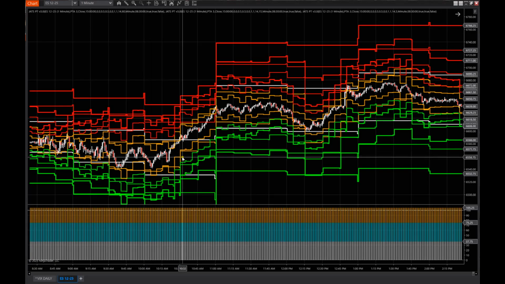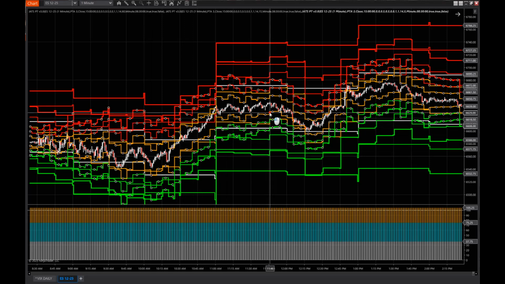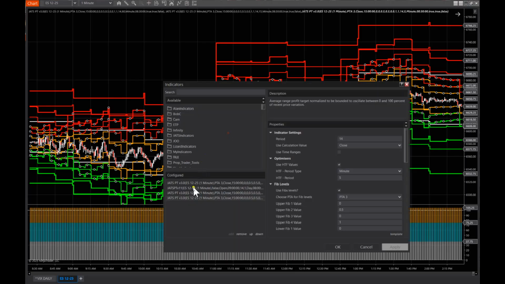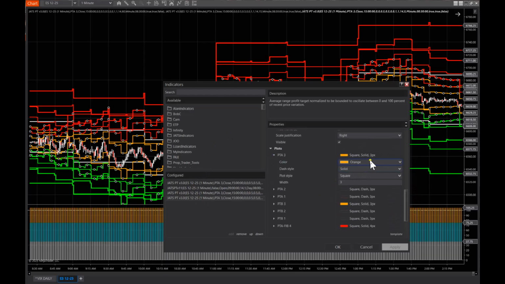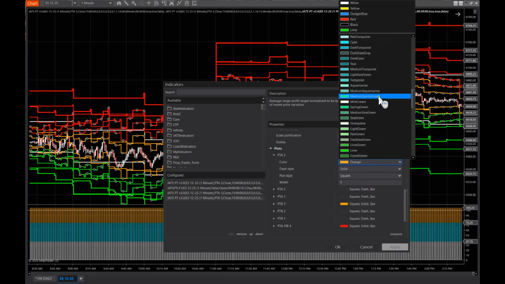So this little trick, let me change that third one to a 5 minute. Okay. And so let me change the color. Let's make this yellow.